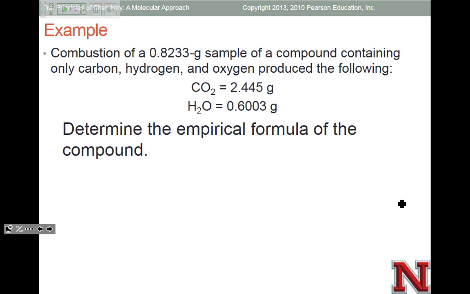Now note, this plus this does not equal this. Why? Because we don't have the amount of O2 that we used. So remember, the total mass of our products is going to equal the total mass of our starting materials, but we only have one starting material here. We don't have O2. So don't get confused if the mass of our products doesn't equal the mass of our starting material.